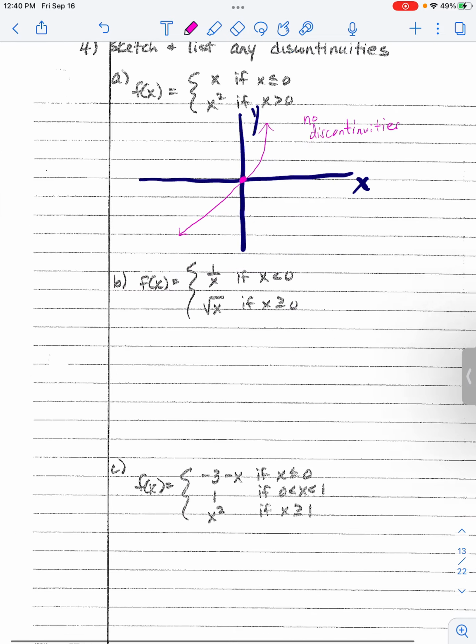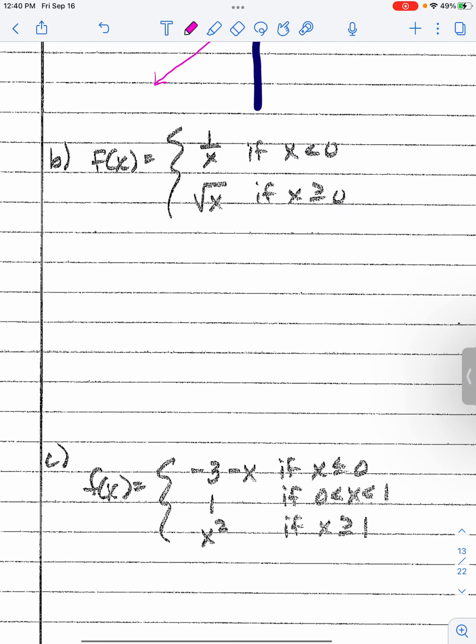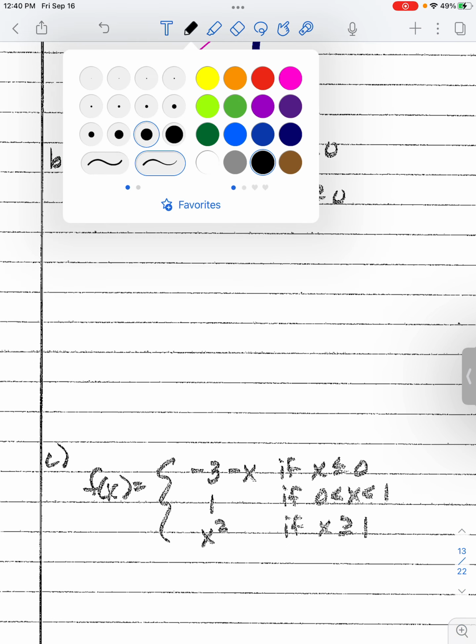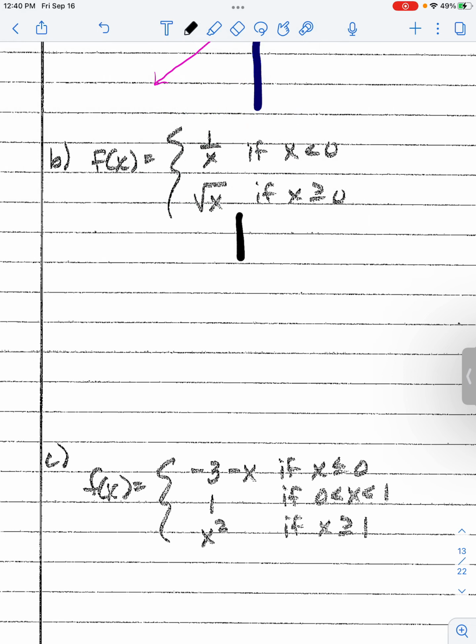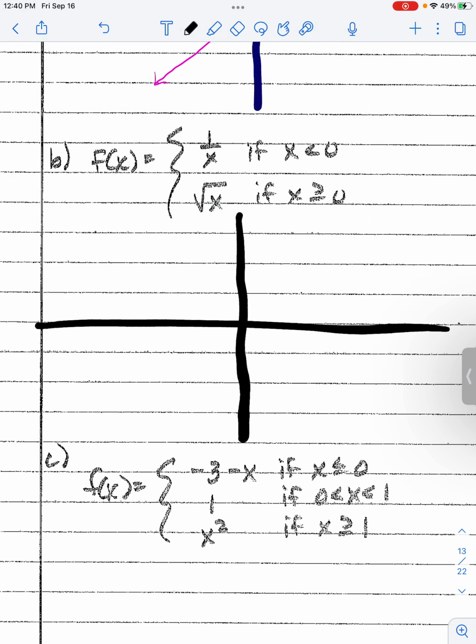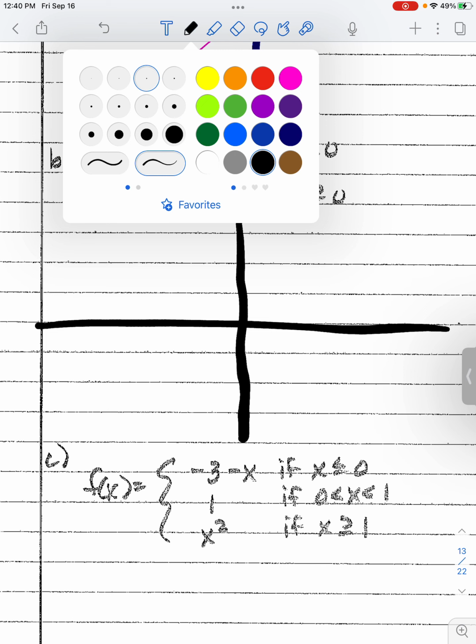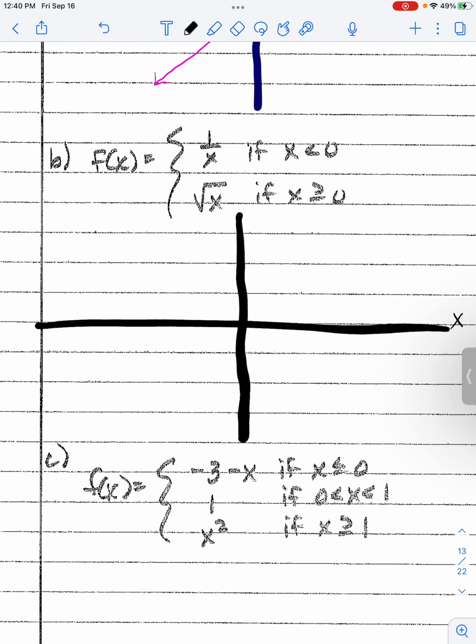Okay, let's look at part B. Let's draw a decent set of coordinate axes. All right, so what are we looking at here?